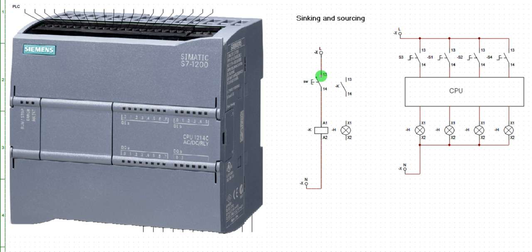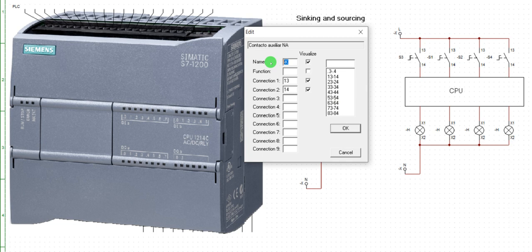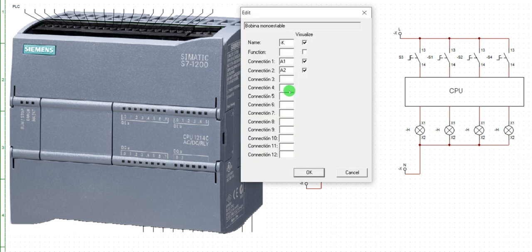I want to use the latching function to describe how the CPU communicates to your input and output bit. Let's just make a simple latching circuit. Okay, now this is row one. Let's say row one. This is also row one.